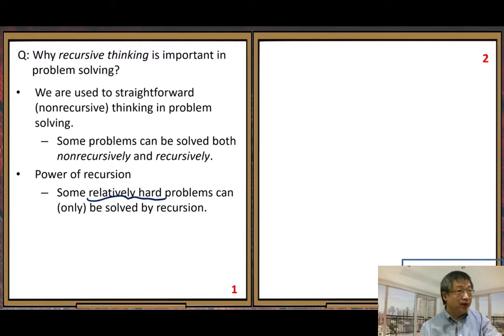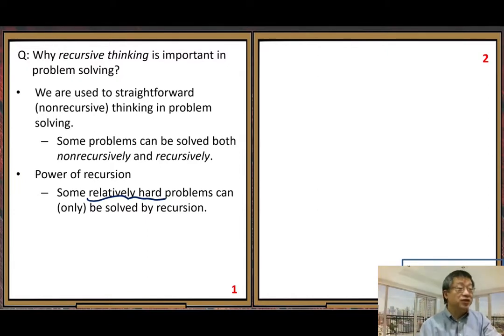Because hard or easy, it is subjective, right? So here I said relatively hard. But from another view, if the problem is pretty easy, then we do not need to use recursion.